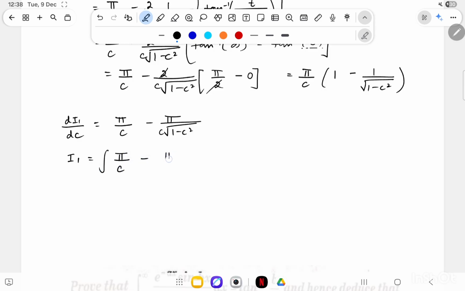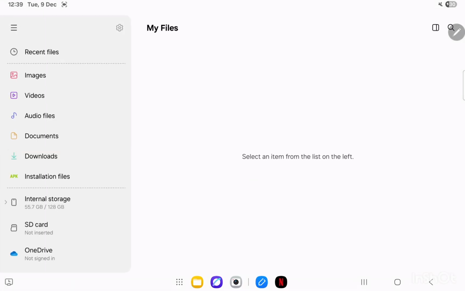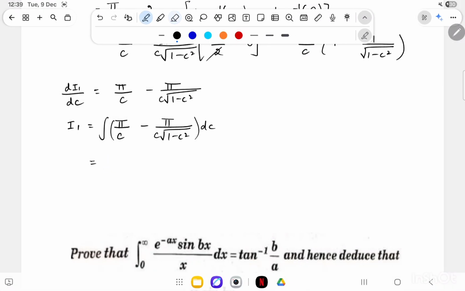So it will be the integral of π by c minus π by c square root 1 minus c square dc, and if we evaluate it, it will be equal to π times log c minus π times log of 1 minus square root of 1 minus c square, divided by c, plus a.